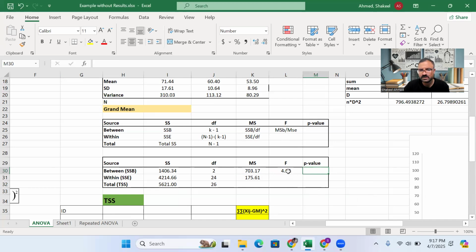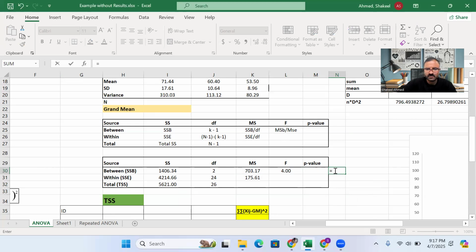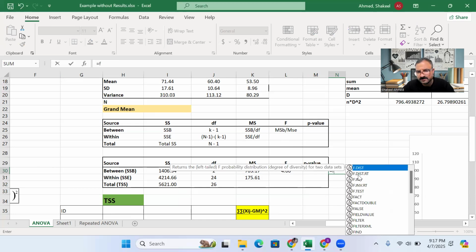And we need to just compare this value with the tabulated value of the F distribution. You can just find the F distribution.